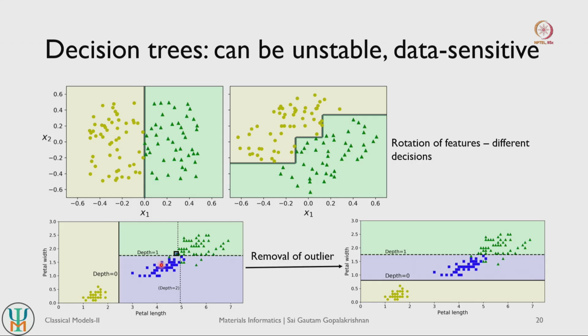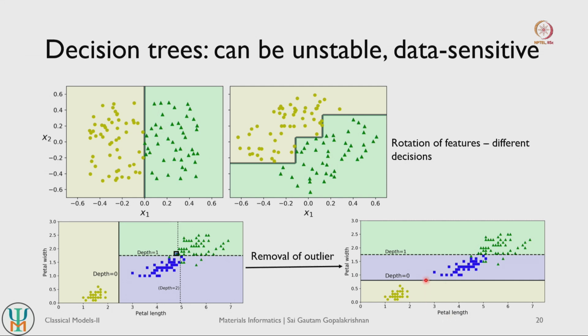Another important thing to note about decision trees is the influence of outliers, right. So this is the same data set that we saw before, the iris data set, and you see that there is one specific outlier here, a blue data point in your green region, right. So if you were to remove this outlier, the decision tree model will become completely different, right.